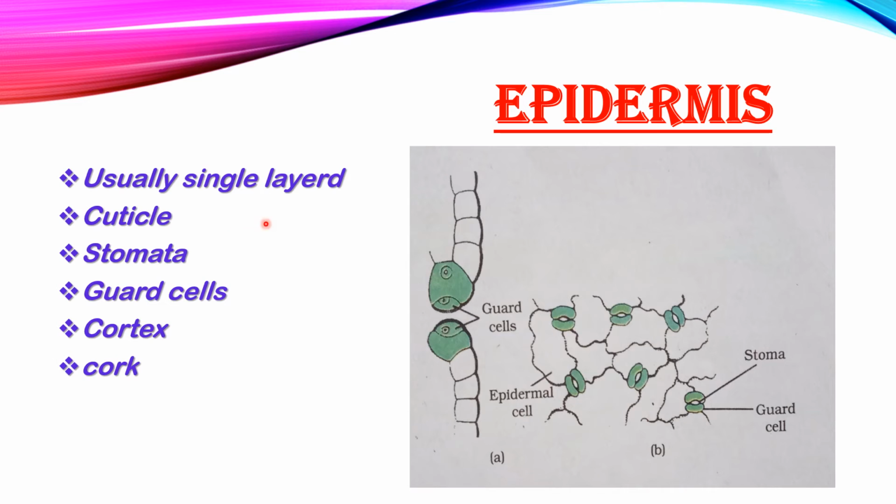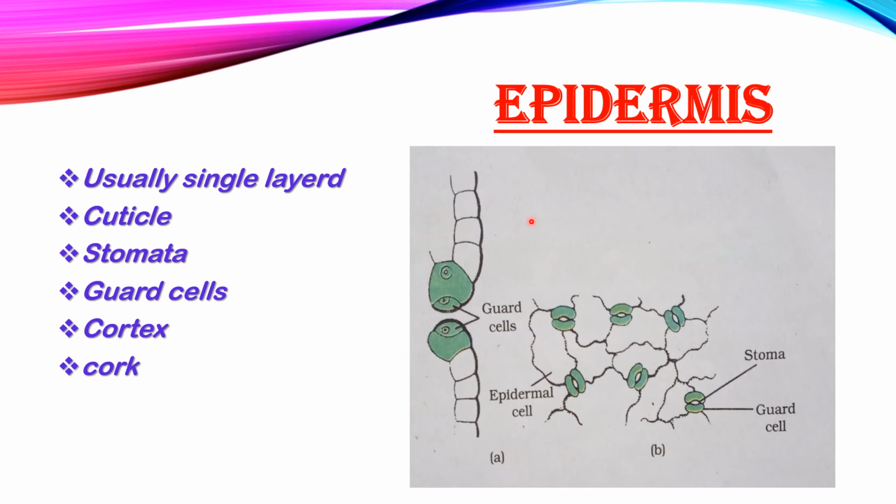Roots are below the ground, under the soil, and here we are talking about the aerial parts. Now what is the function performed by cuticle? It protects the plant from mechanical injury or invasion by parasitic fungi, and it also helps in protection against loss of water.